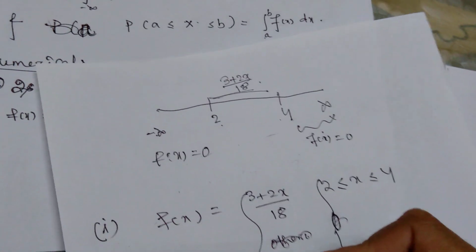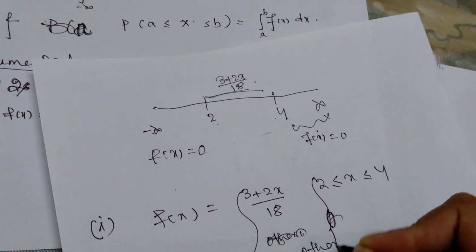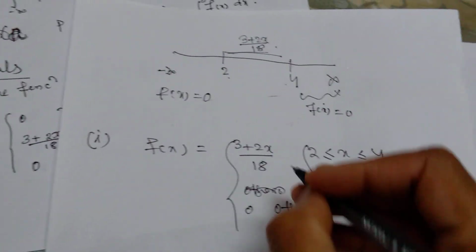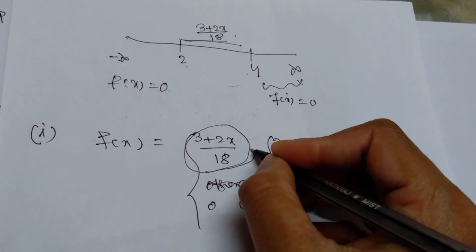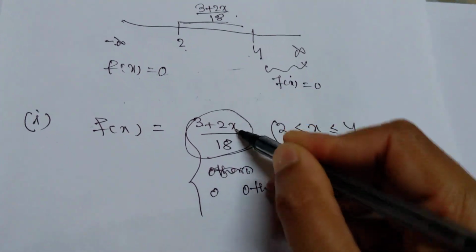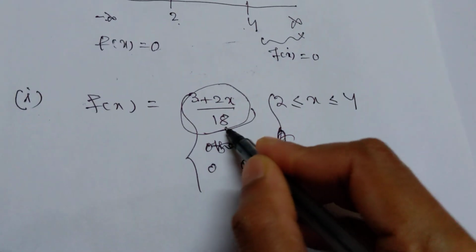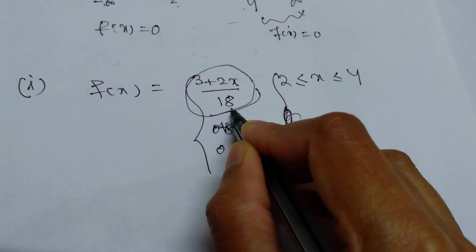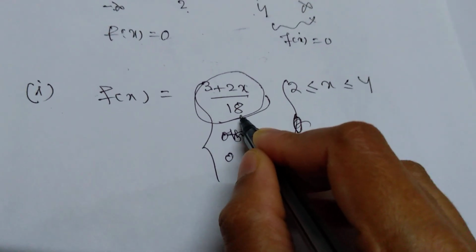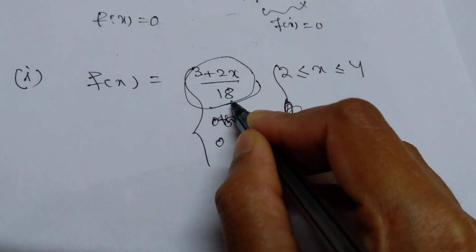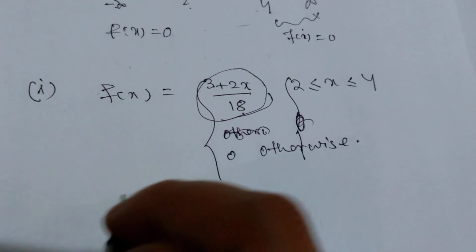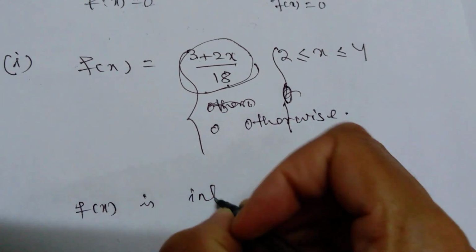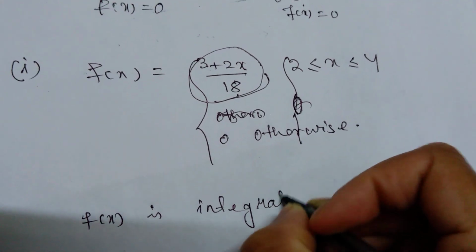It's an algebraic expression, (3 plus 2x) by 18. And we all know that any polynomial, any algebraic function is always continuous and always integrable. So it is obvious that f of x is integrable.